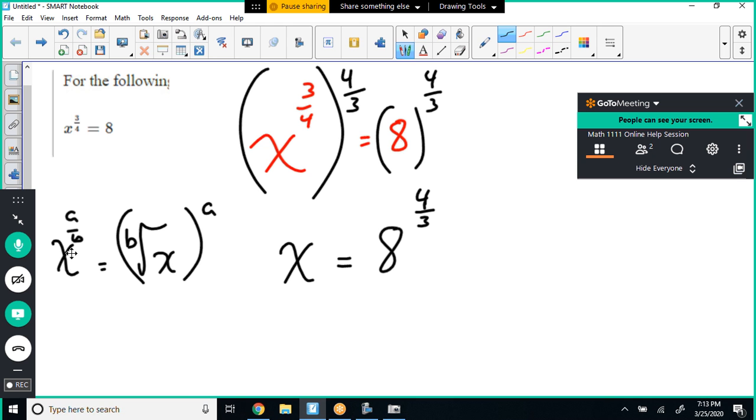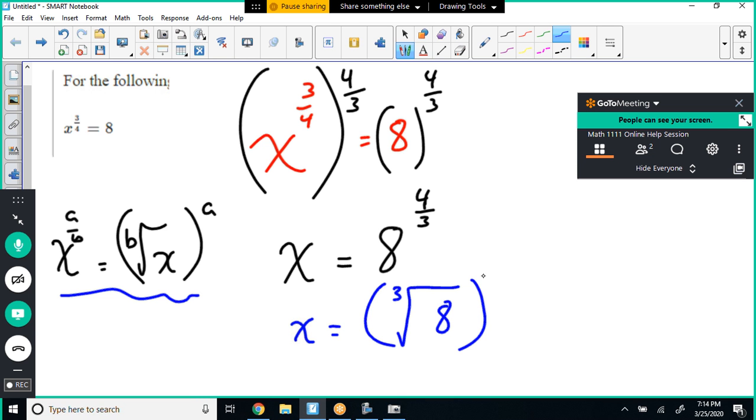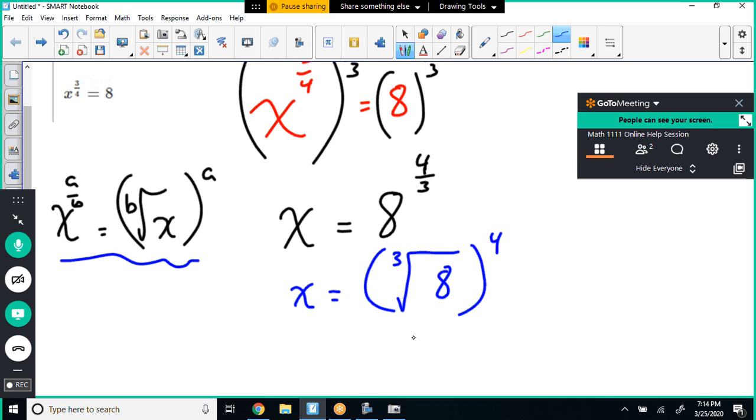We're going to convert this 8 to the 4/3 over into this form. So what it's going to be is this. It'll be the cube root of 8 raised to the 4th power. Well, the cube root of 8 is nothing more than 2. And 2 raised to the 4th power is nothing more than 16.